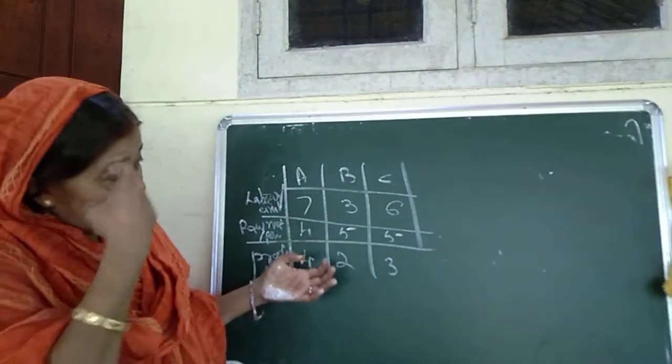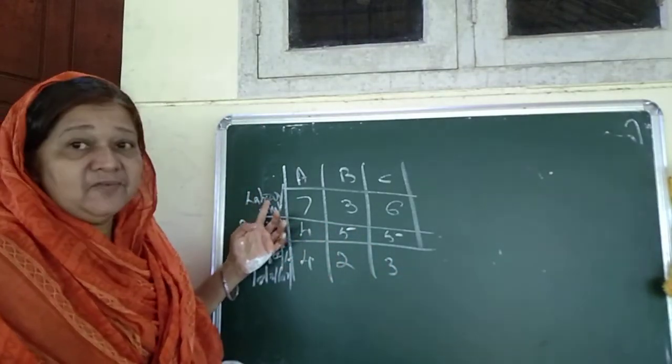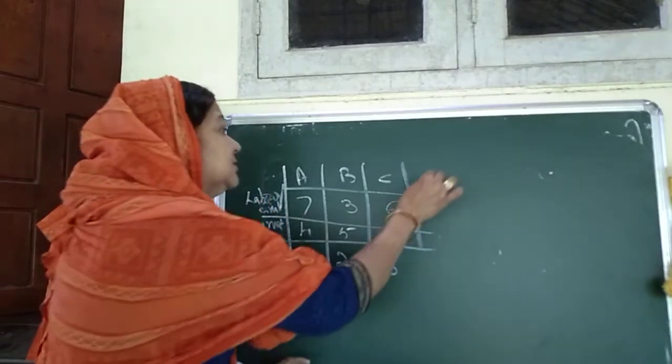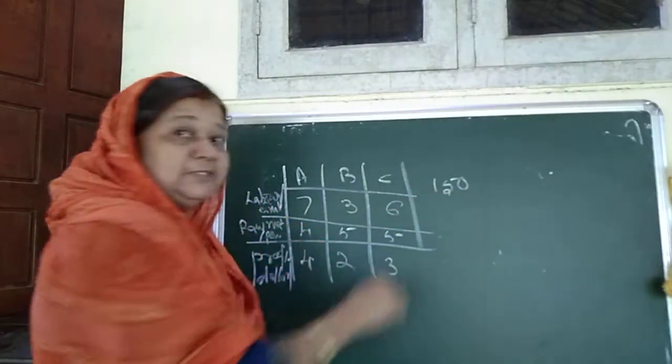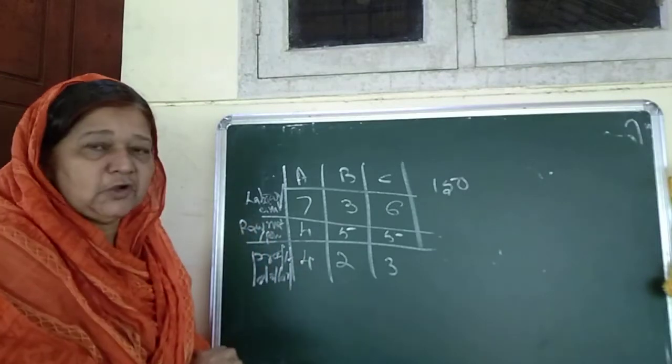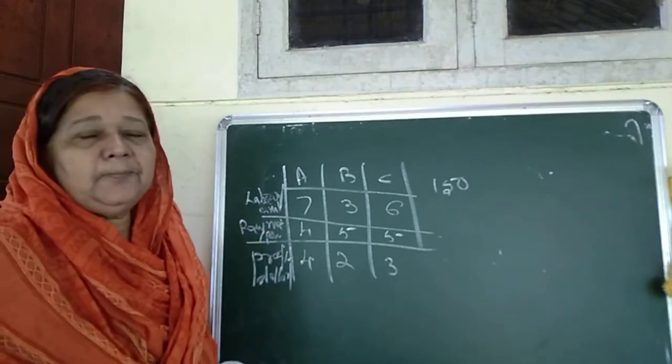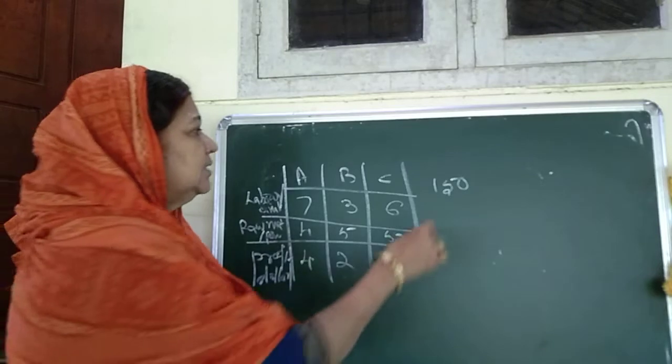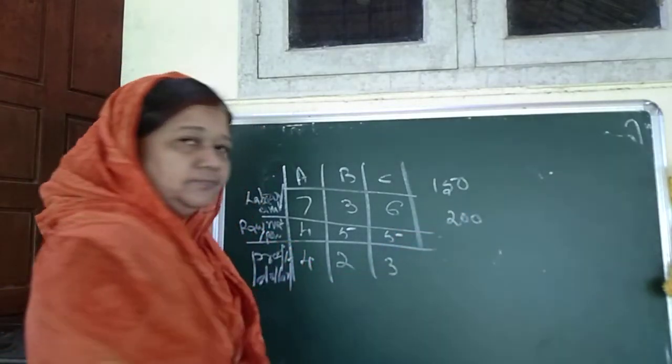Then there is a restriction in labor hours. That is, labor hours is a maximum of 150 hours daily, and the raw materials are also limited to 200 pounds.